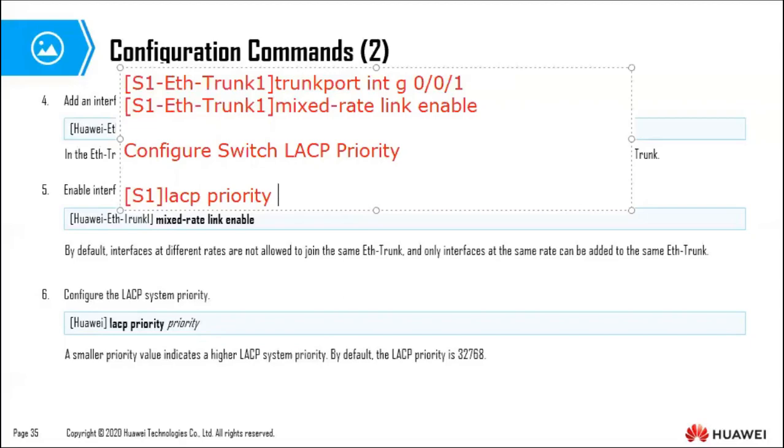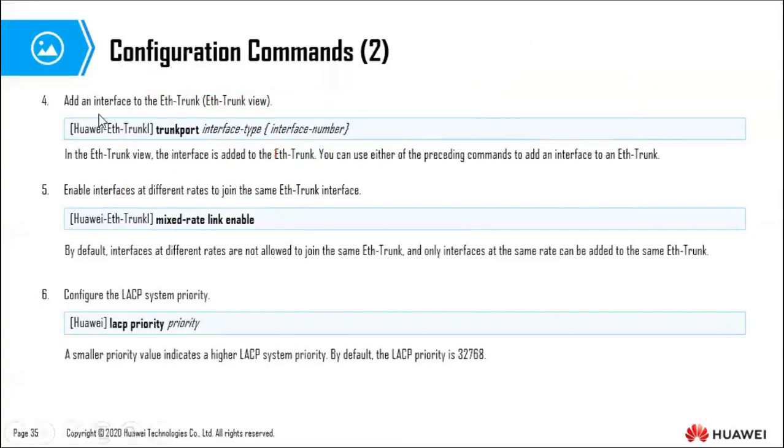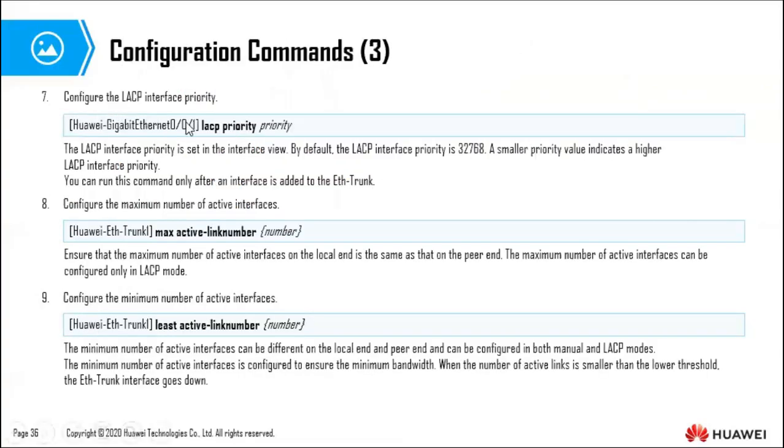Remember, the default is 32,768. So if you give it a lower number, then it will be elected as the actor. So this is the priority value. So find out the maximum value for that.